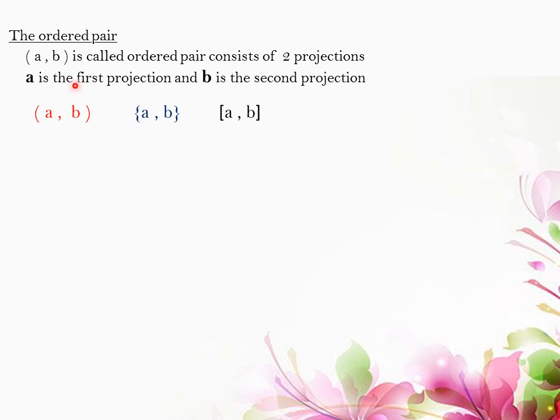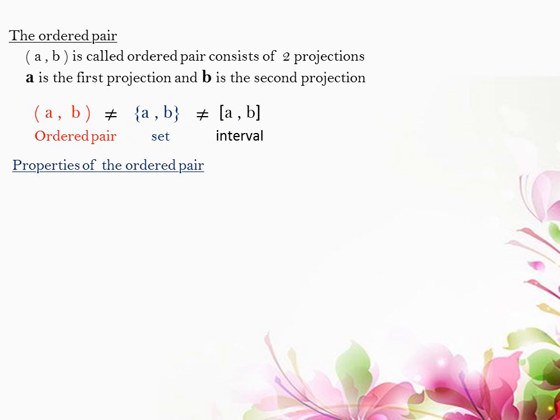But we now have three different brackets: (A, B), the set {A, B}, and the interval [A, B]. The first is called an ordered pair, the second is a set, and the third is an interval. They are not equal.